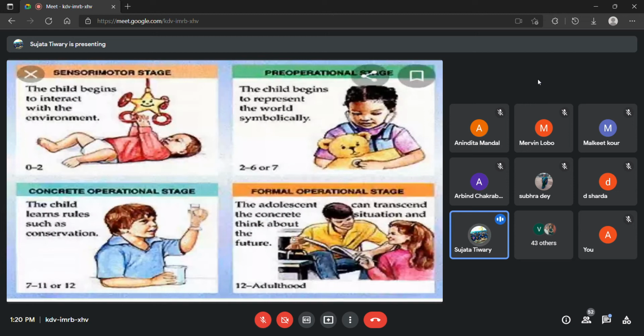Now, the second stage is the pre-operational stage. In this stage, the child begins to represent the world with symbols and images. Operation means mental process; they start questioning and are curious.